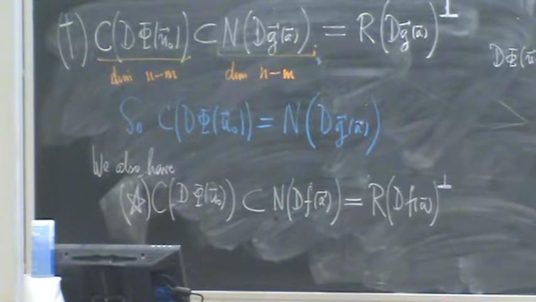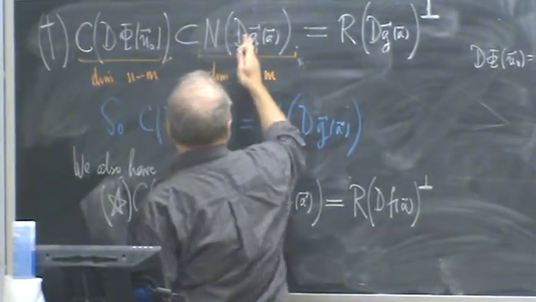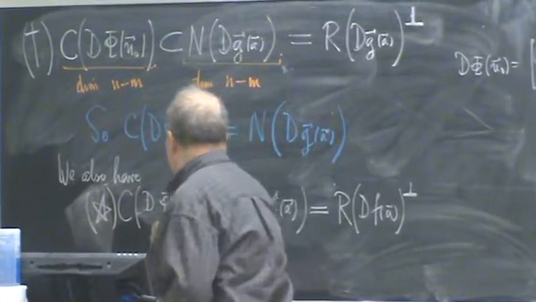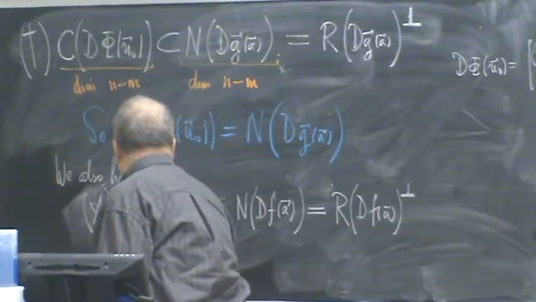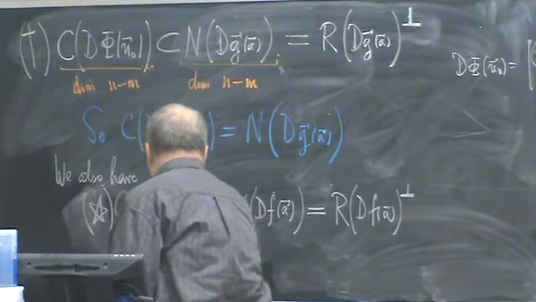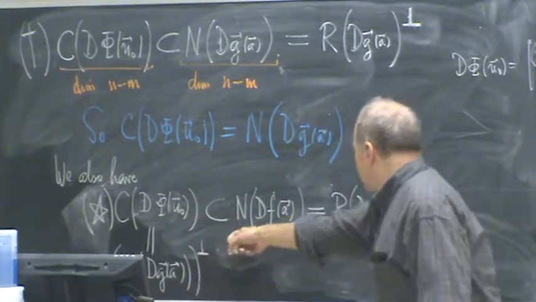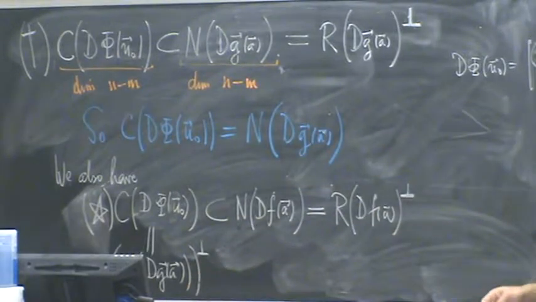Then they're the same. Now be careful. These are the same, sure, but the dimensions of the multiple. So one is a subset of the row space of dg of A perp. Right, so the perp of one thing is contained in the perp of another, which means the opposite is true.